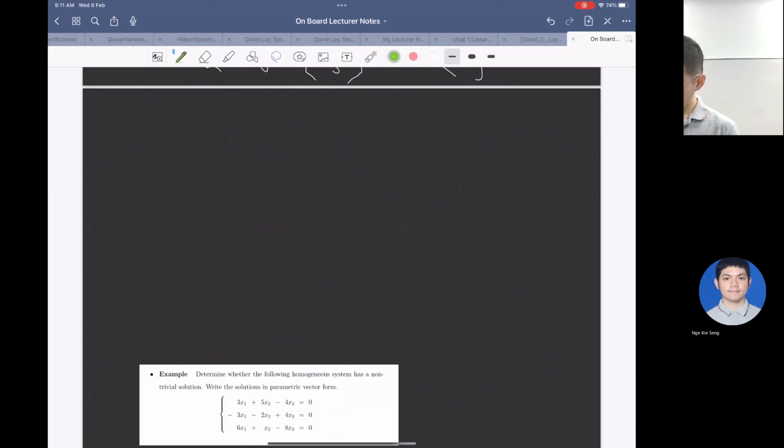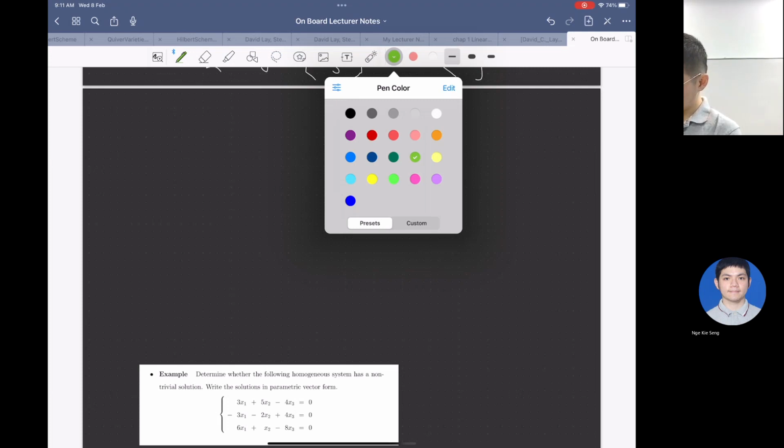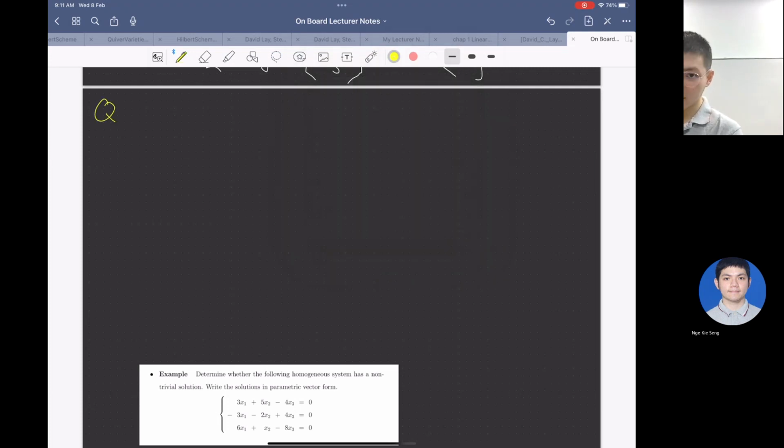We have already looked at the homogeneous type. How about the solution of a non-homogeneous system? Let's say b is not the zero vector anymore.